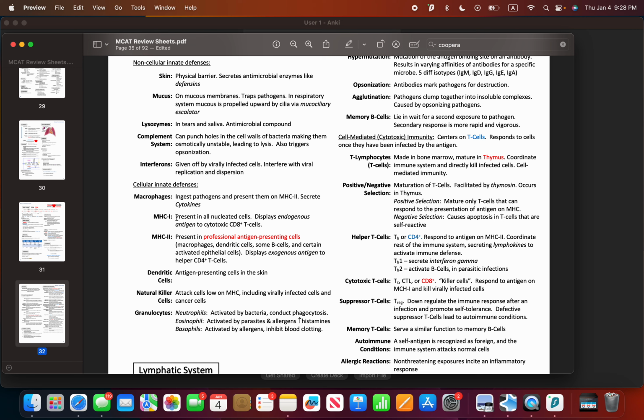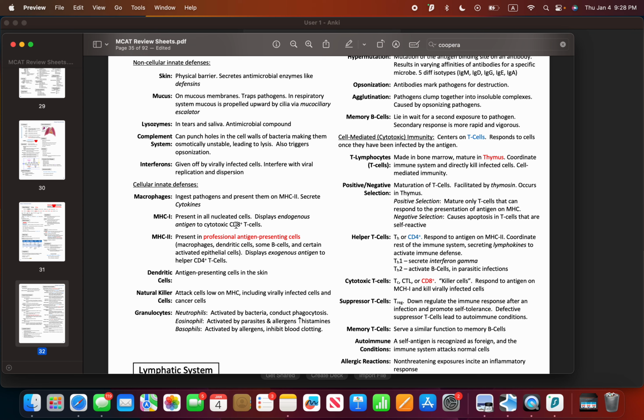Now, MHC1 is present in all nucleated cells. It means that it's not present on red blood cells, for example, but it is present on lymphocytes because they are nucleated. They display endogenous antigen to cytotoxic CD8 plus T cells.